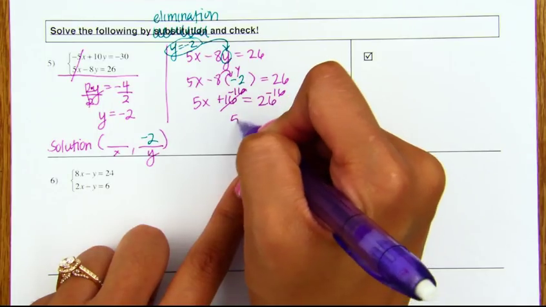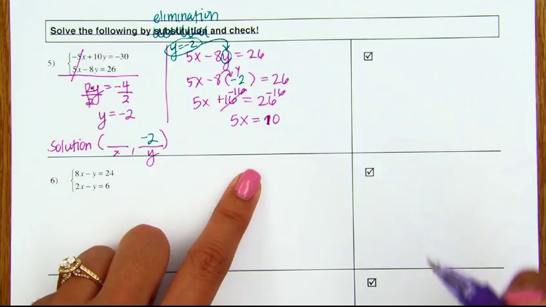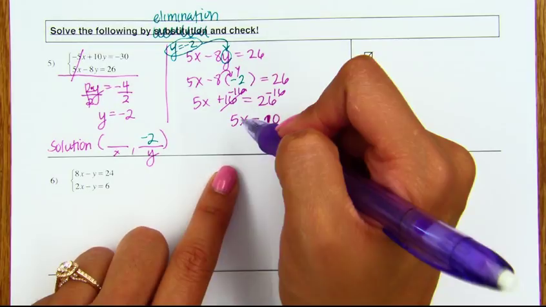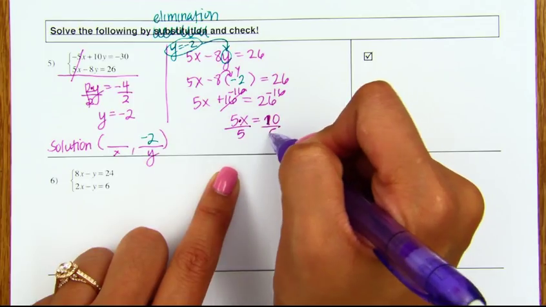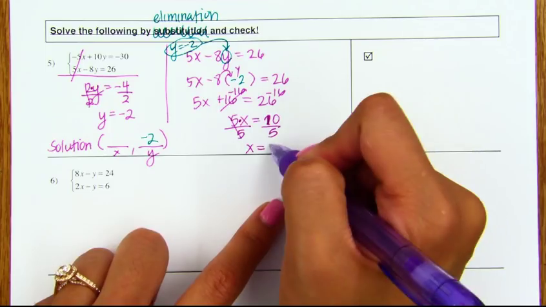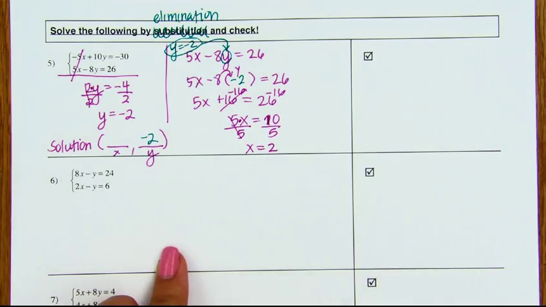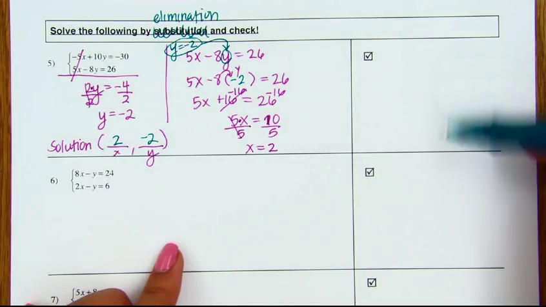So I'm left with 5x equals 10. So now what should I do? Well, since this means 5 times x, I'm going to do the inverse operation, which is to divide, leaving me with x equals 10 divided by 5, which is 2. So now I have my answer. X is 2.